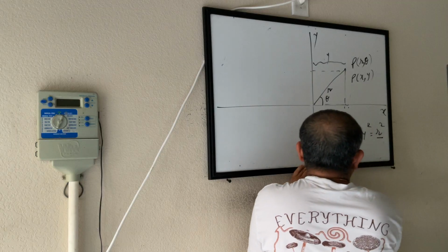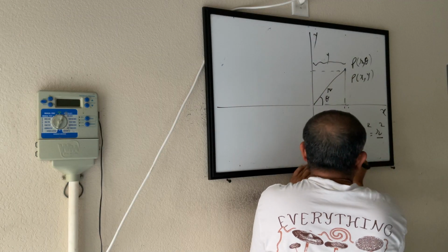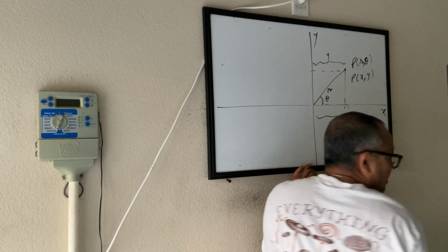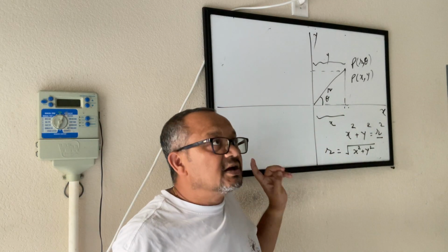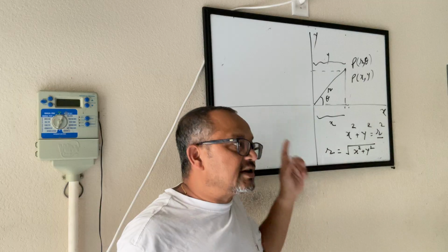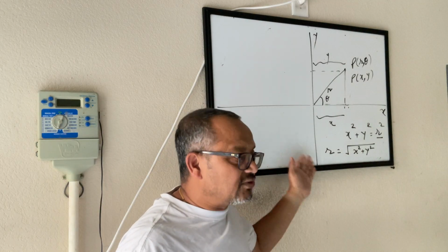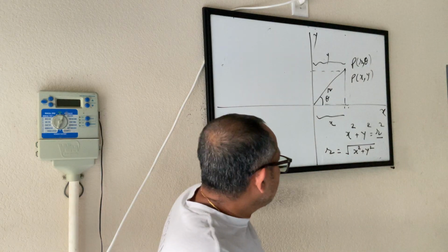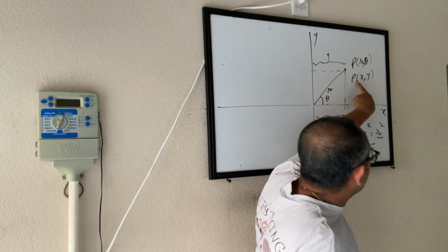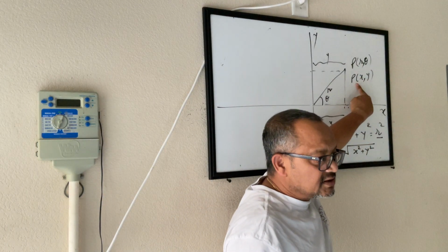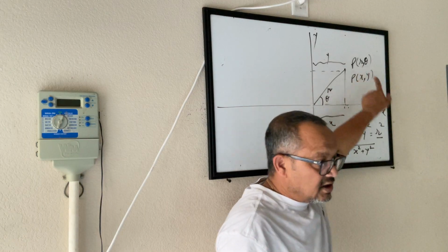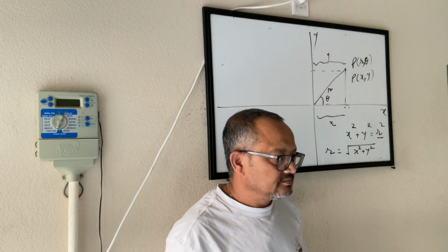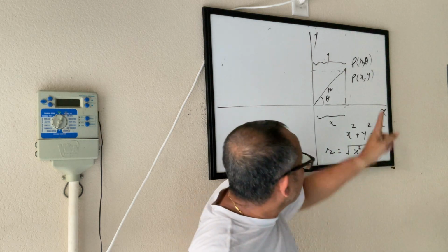So this r, the distance from origin to this point, is nothing but the square root of x squared plus y squared, square root of sum of squares of the x and y coordinate values. So this is the r part. If you know the Cartesian coordinates, you can find out the r. How about the theta part? How do you derive the theta?